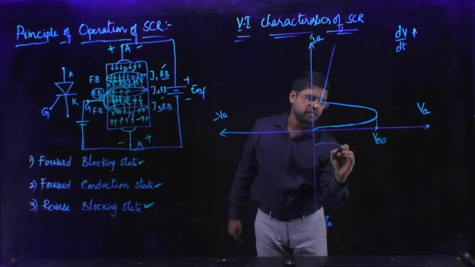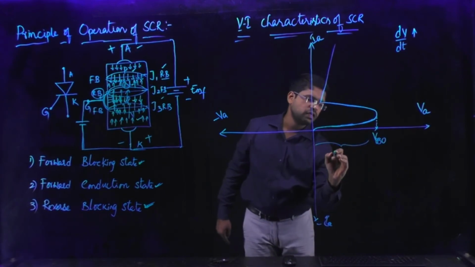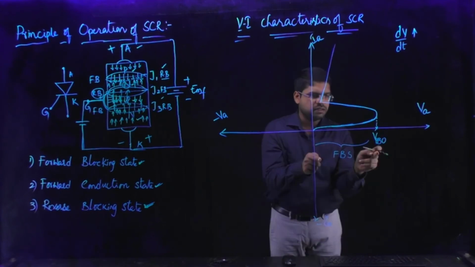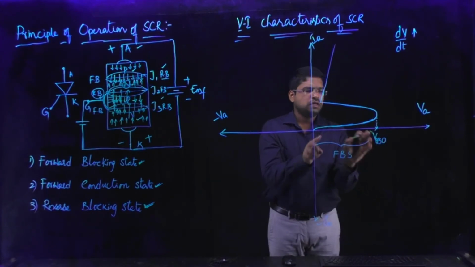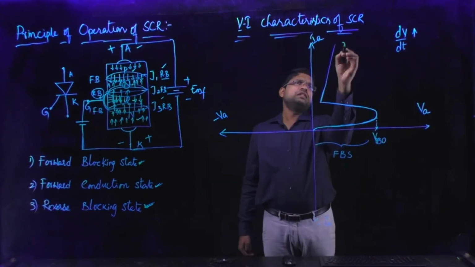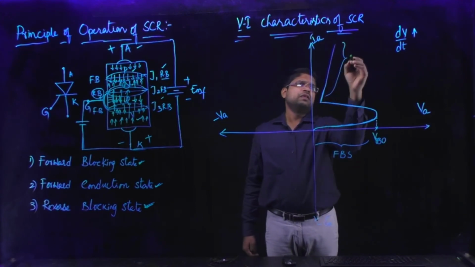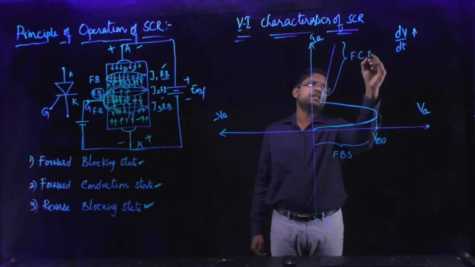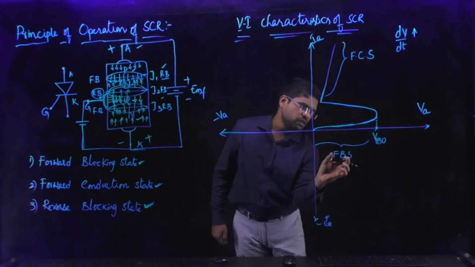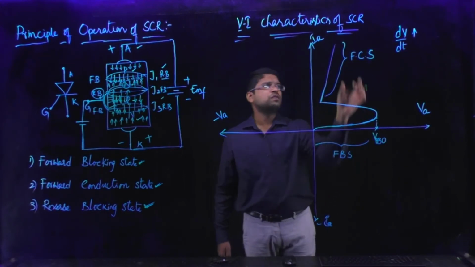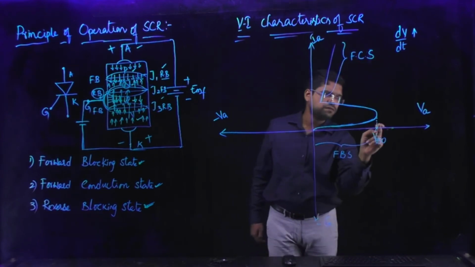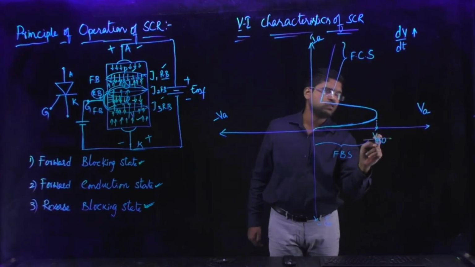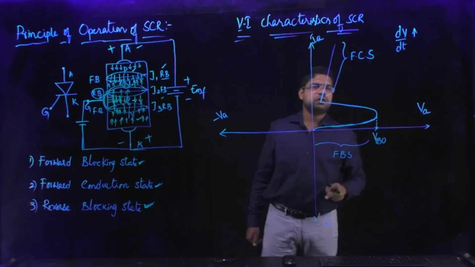This region is called the forward blocking region, or forward blocking state. During this region, the device is still in the blocking state. This other region is the forward conduction state. The device is converted from the forward blocking state to the forward conduction state with the help of the forward breakover voltage or avalanche breakdown voltage.